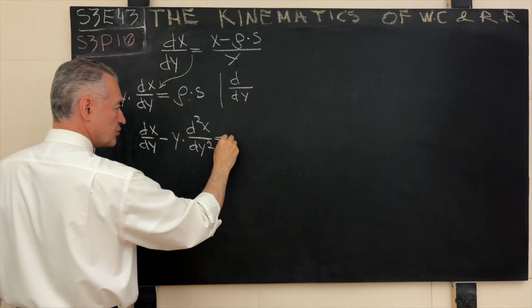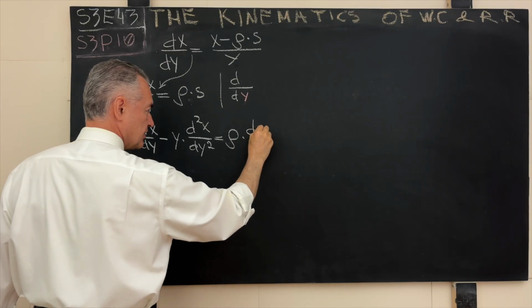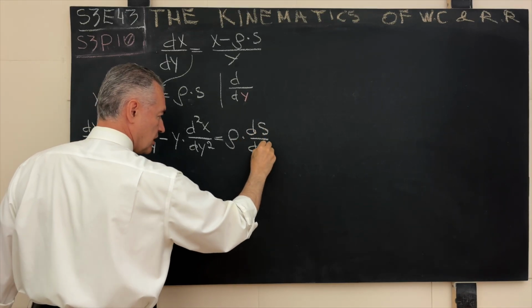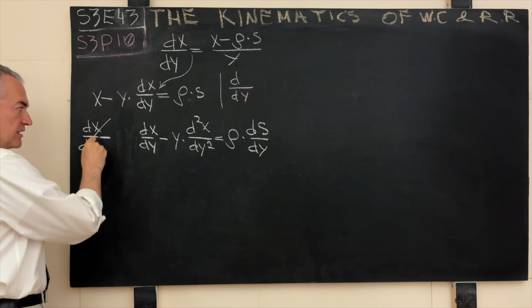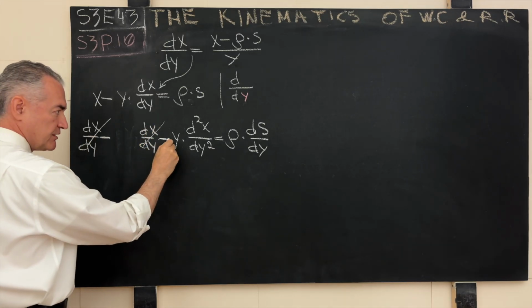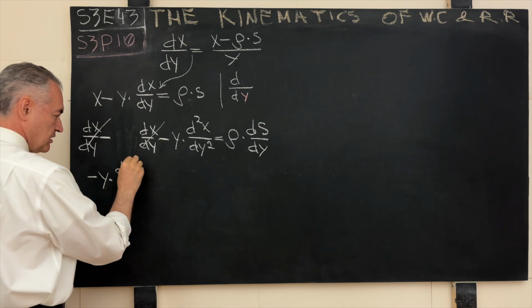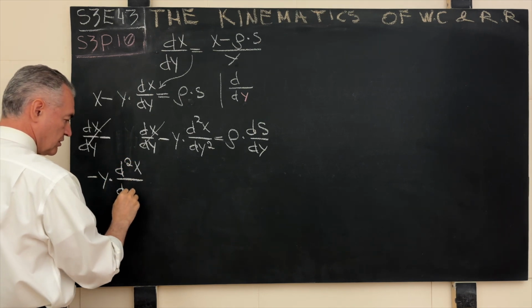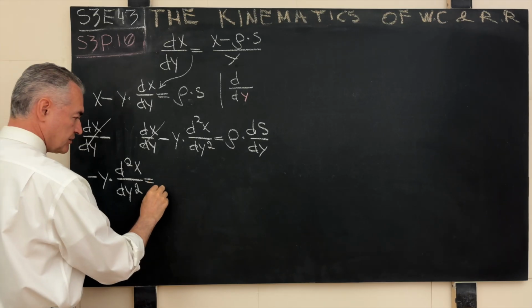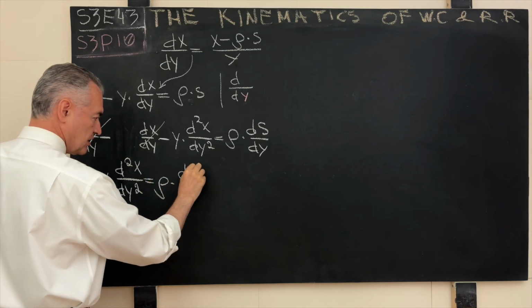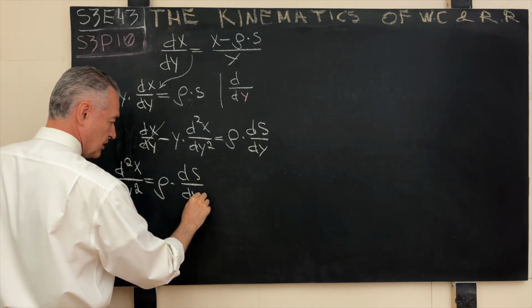I move it out, so it will be rho times ds over dy. Cancel. We have minus over here, don't forget, minus y times d2x over dy squared equals rho times ds over dy.